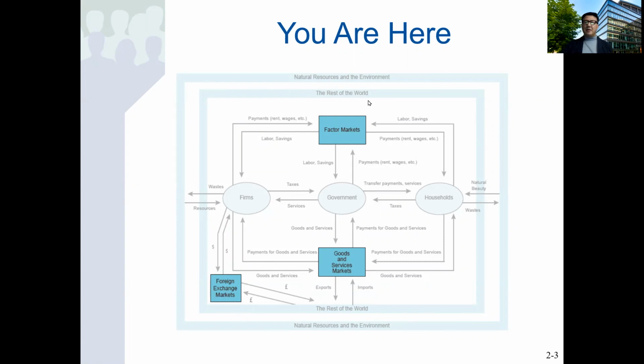So he gives you a good and quick diagram of the economy. You have firms and government and households, goods and services, the market and foreign exchange, and how they interplay. So what we are talking about is the market and also the supply of goods and services.